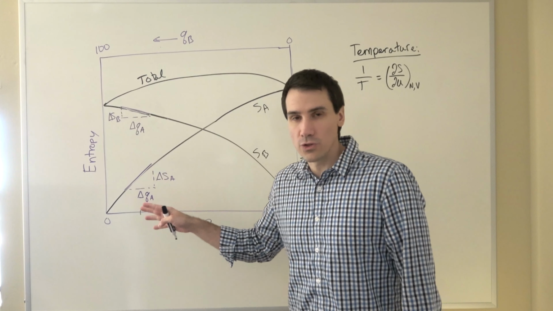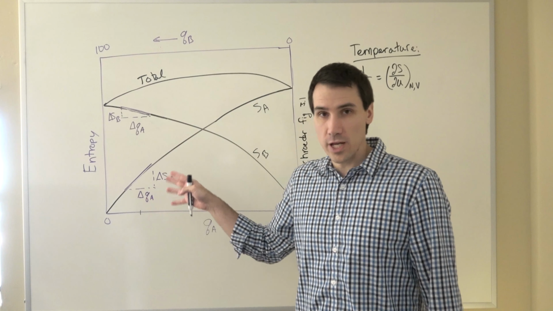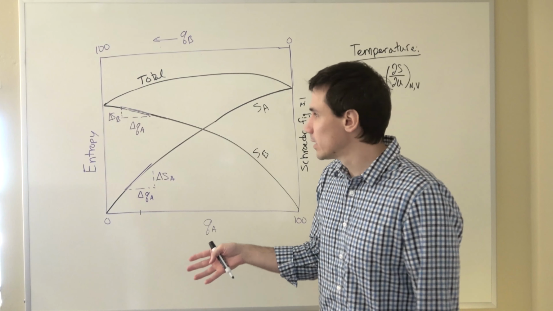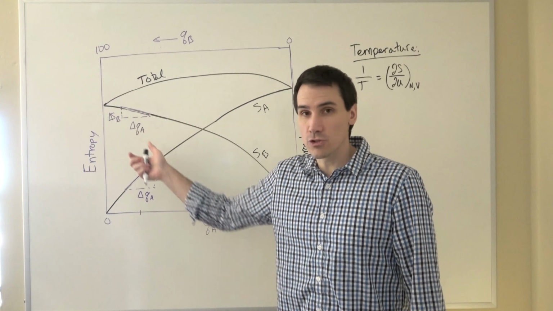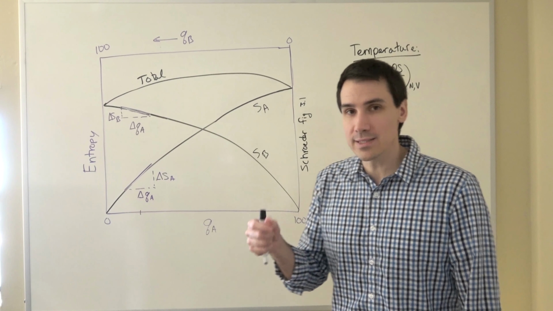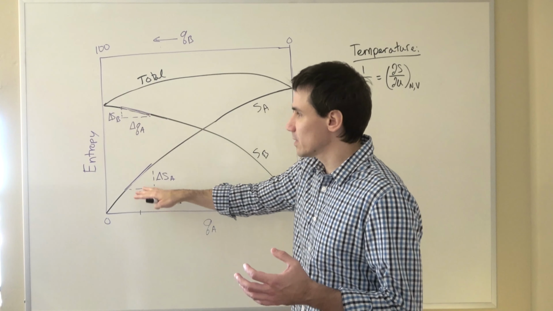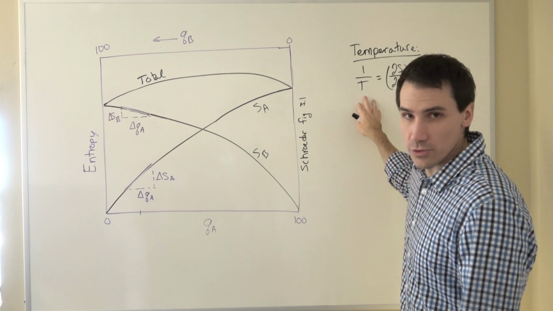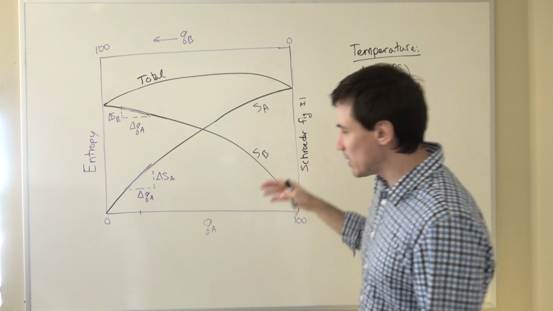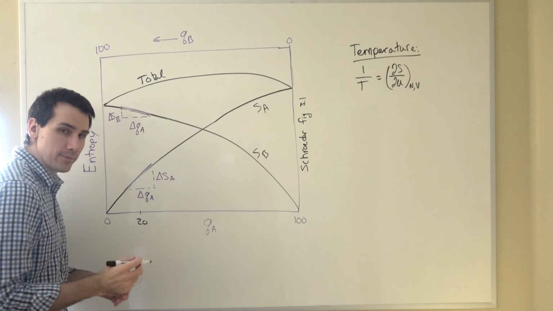So now let's look at the change in energy and change in entropy of the system as we trade energy back and forth between box A and box B. And let's see if we can figure out how these slopes are related to temperature. So let's begin here, where let's say QA is 20.